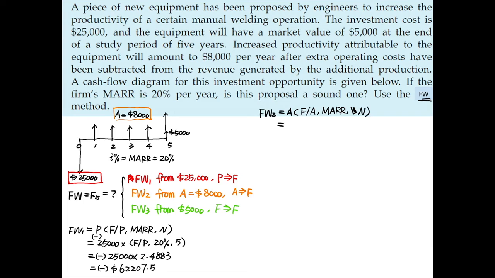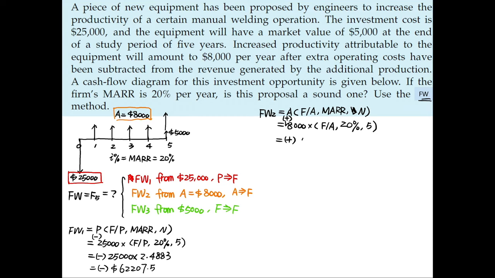Okay, A in this case is 8,000, and because this is receiving, it's a positive symbol. So positive 8,000 times the factor F/A for 20% for 5 years.